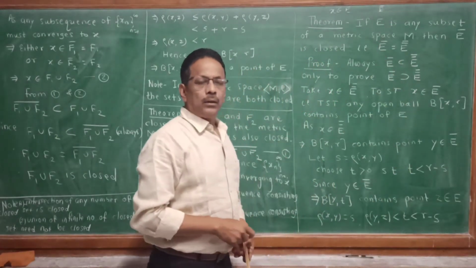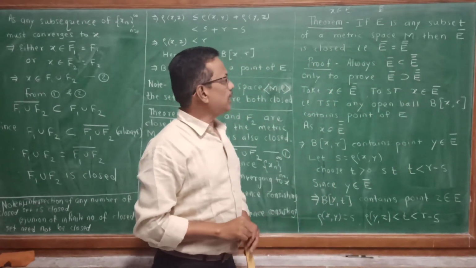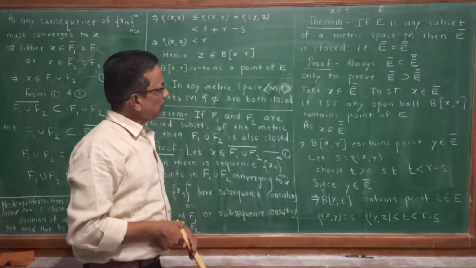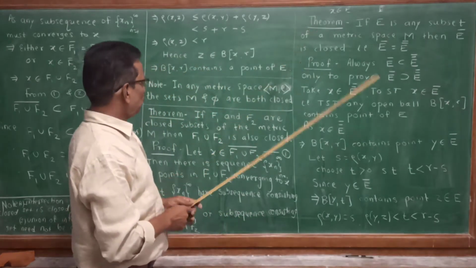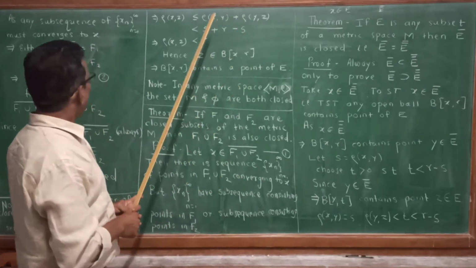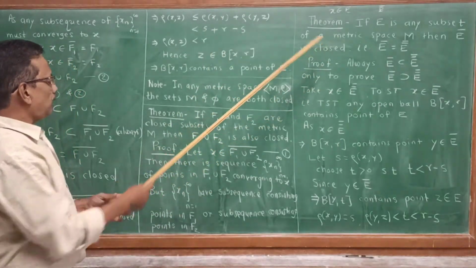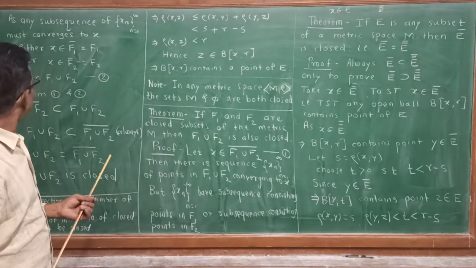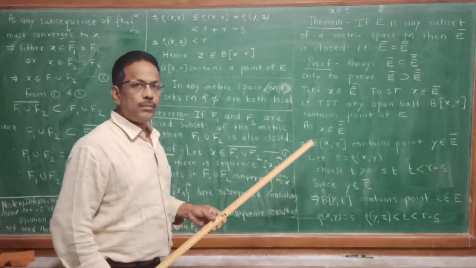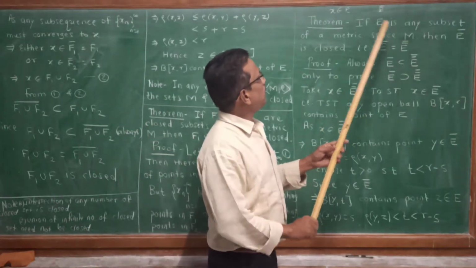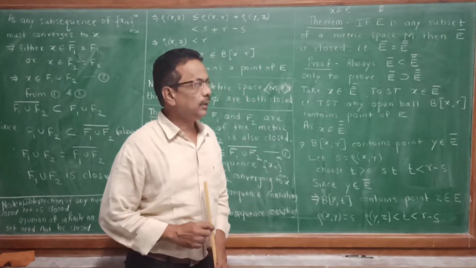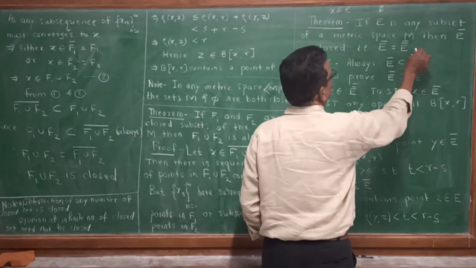Here we are going to discuss the next theorem on closed sets. These are simple theorems. If E is any subset of a metric space M, then E bar is closed.